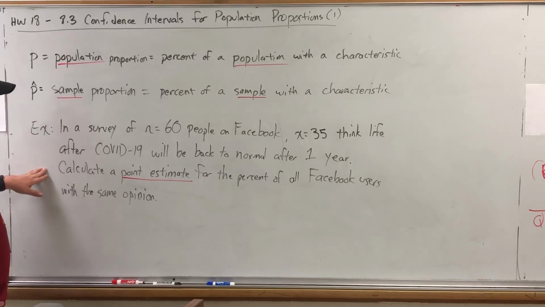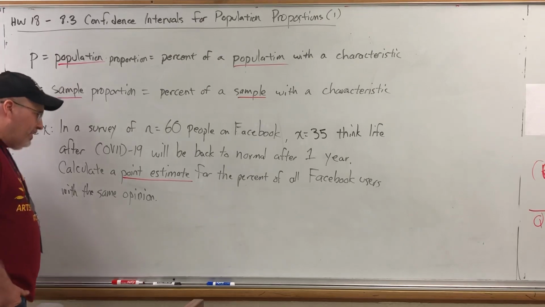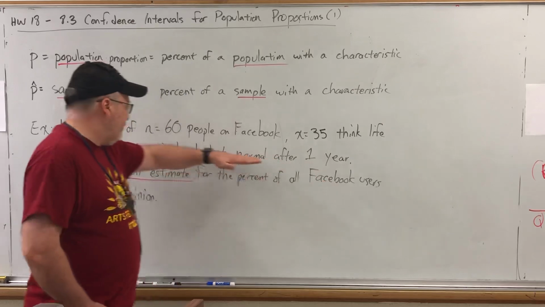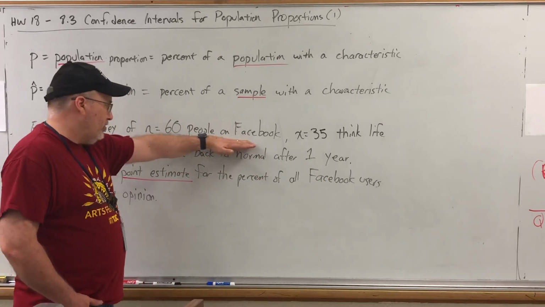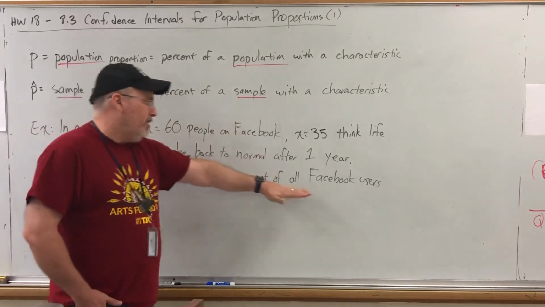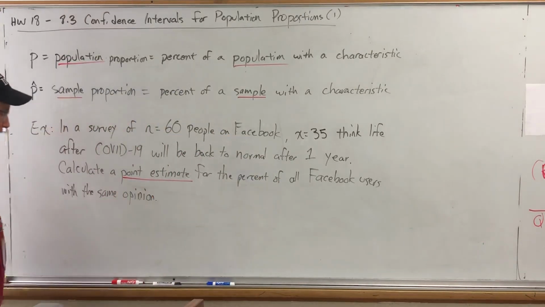Calculate a point estimate for the percent of all Facebook users with the same opinion. It's worth mentioning that I did say of all Facebook users because our sample was taken from Facebook, and so to be a representative sample, it should be representative of the population of all people on Facebook.